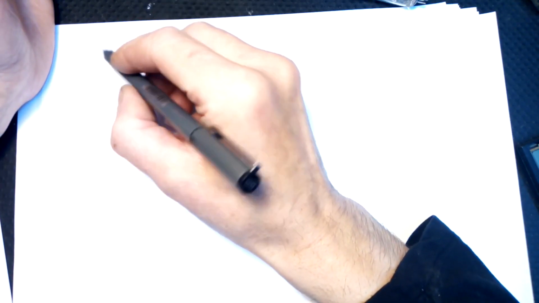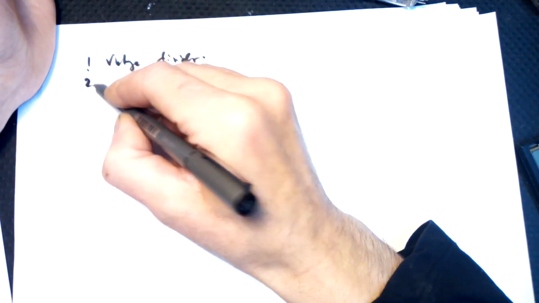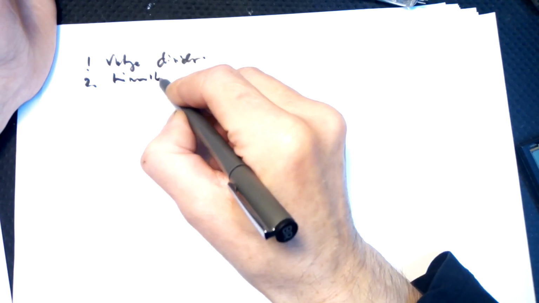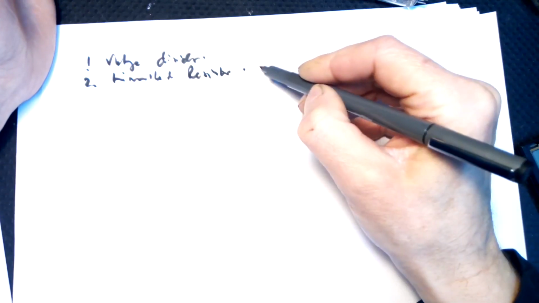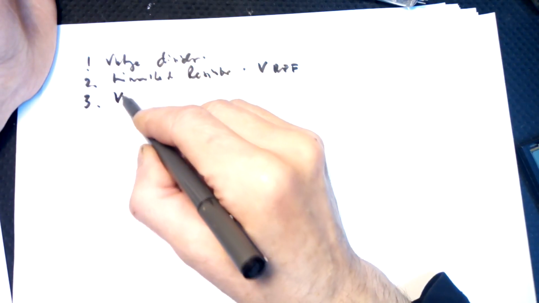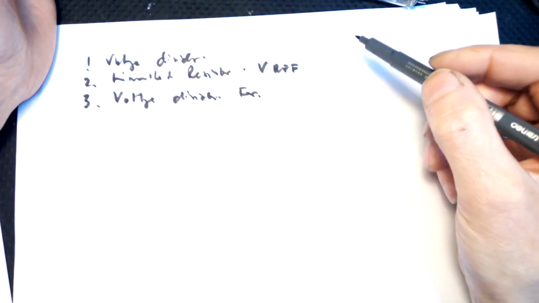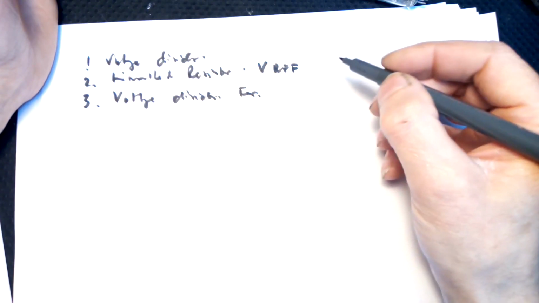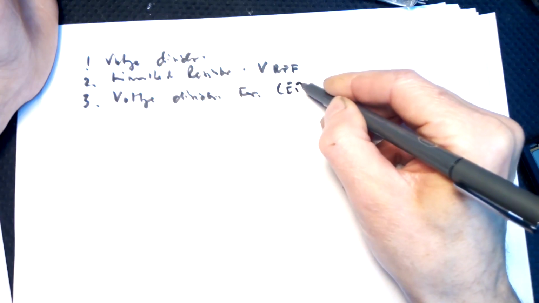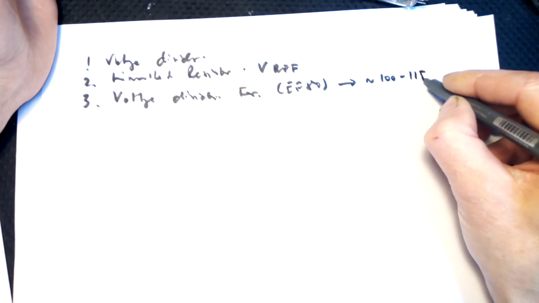Okay, but what we have to remember, what we have to calculate: the voltage divider, this is the most important; the limiting resistor; the voltage reference; the second voltage divider; and the error tube, so it means the FAT in our case, 100, 115 volts.